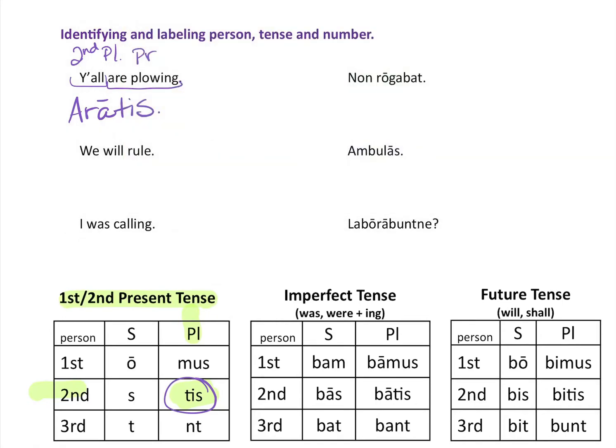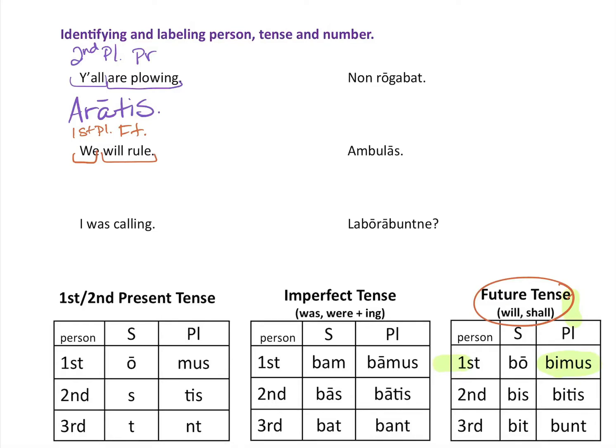Next one we're going to do is "we will rule." Again, you take a look at the pronoun, it's "we." We know that it is first person and it is plural. So we put first person plural down. The rest of the sentence, "will rule," tells us that it is future tense. So if we look at first person plural, we go to -bimus. Bimus will be our ending.